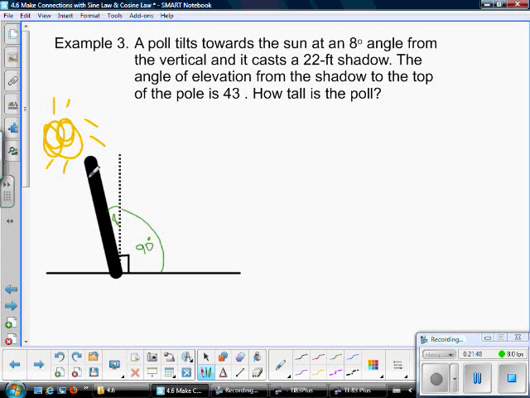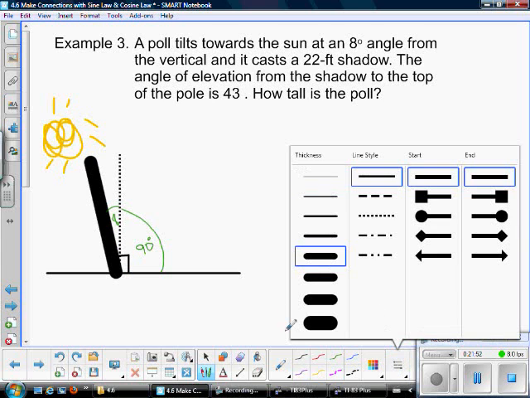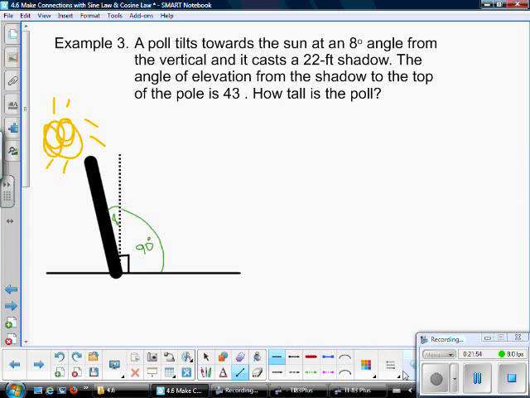If the sun is shining down here, I have a shadow going on down below. So that would be my shadow down here, and I'll make it a little bit thicker. And if I actually measured it, it said the angle of elevation, if I'm looking up to the top of the pole, is 43 degrees.